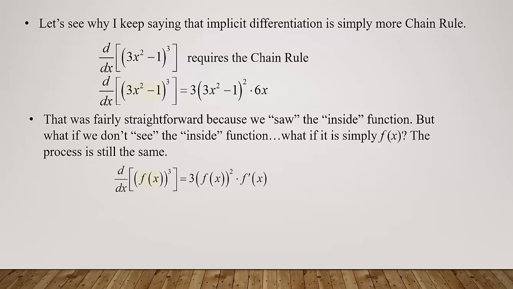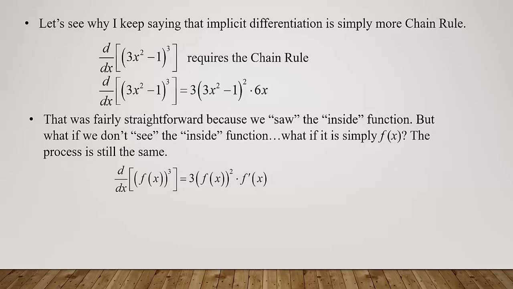Well, notice we can differentiate it with respect to x. All I've done is replace the 3x squared minus 1 with a generic f of x, but we can still compute the derivative using the chain rule. We get 3 to come out front, so we'd have 3 times that f of x, quantity squared, and then the chain rule says times the derivative of the inside function.